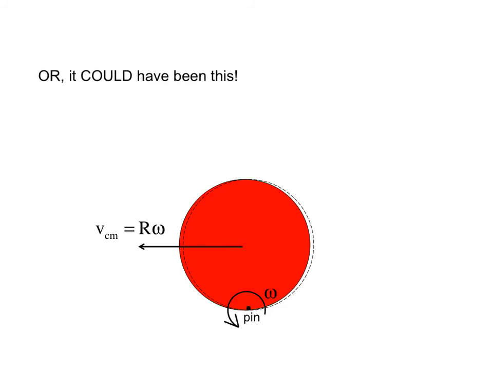What's interesting is that if instead of having this be a disk rolling on a table, it had been a disk that had been pinned at this point right here, so that the entire disk was executing a pure rotation about that pin, then during that tiny time interval when the disk went from this position to this position, the velocity of the center of mass would have been the distance from the pin to the center of mass, which was r, times the angular velocity about the pin, and the direction of the velocity would have been in that direction.